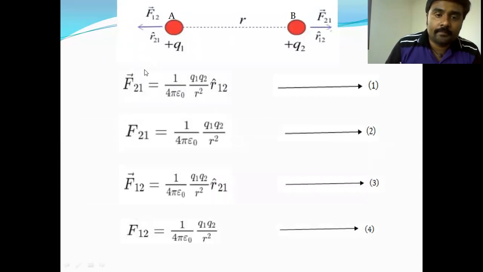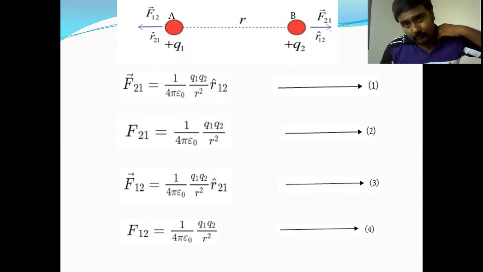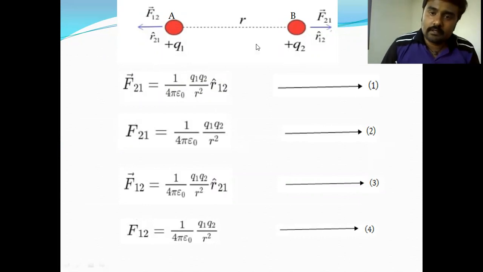Now the force acting on plus Q2 due to plus Q1 can be calculated using Coulomb's inverse square law in vector form. The magnitude of the force is 1 divided by 4 pi epsilon naught, Q1 Q2 divided by R square.